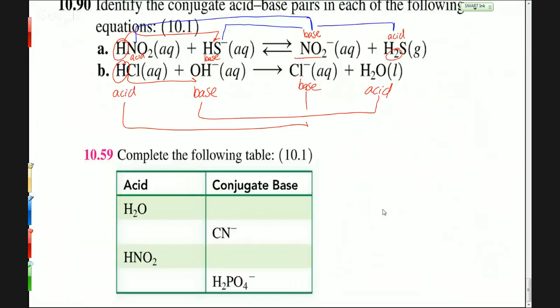But anyway, for the problem, you just need to figure out what happens when you add another hydrogen here to get the acid. It's close. Think about your charges.